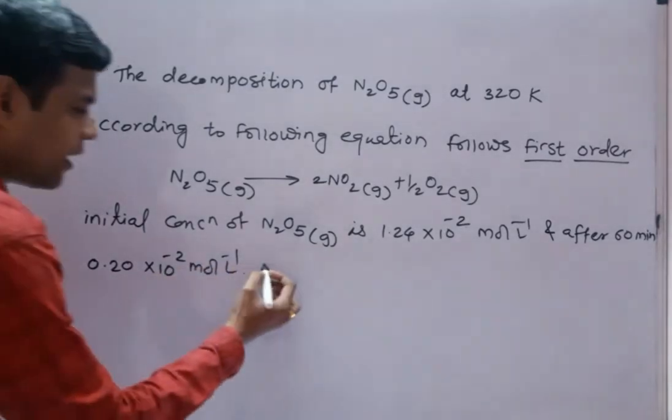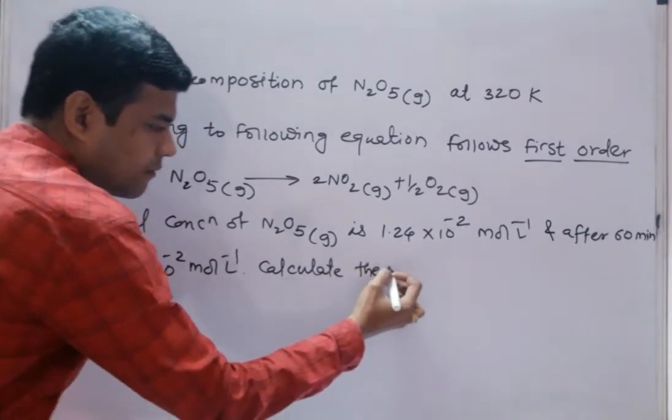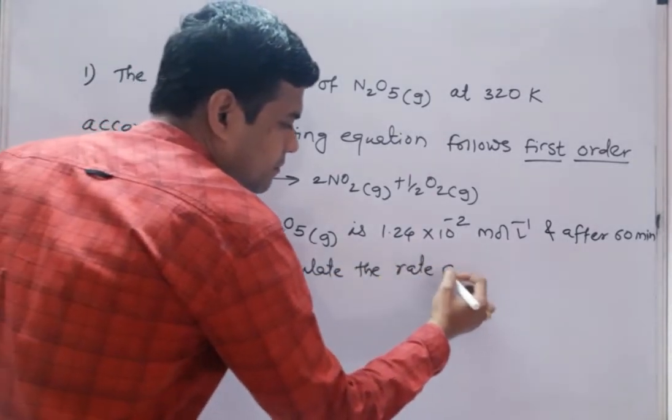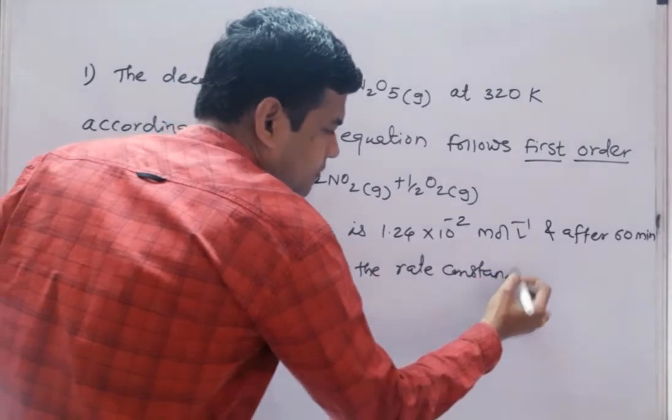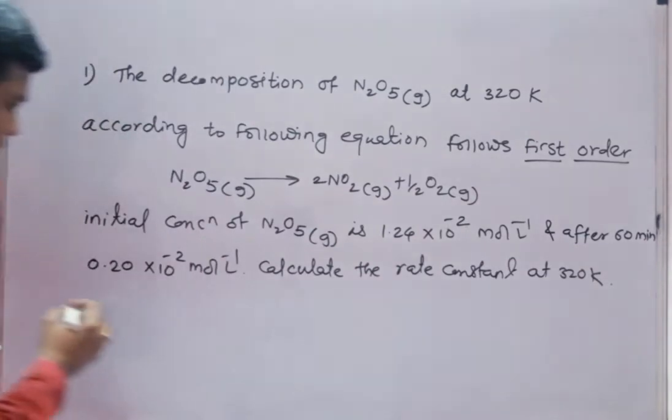Calculate the rate constant at 320 Kelvin.